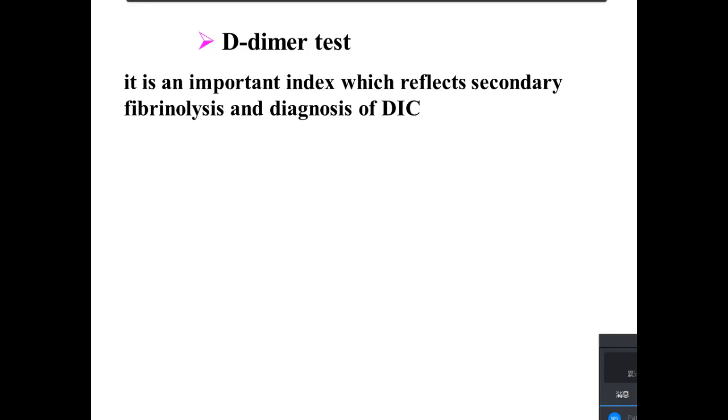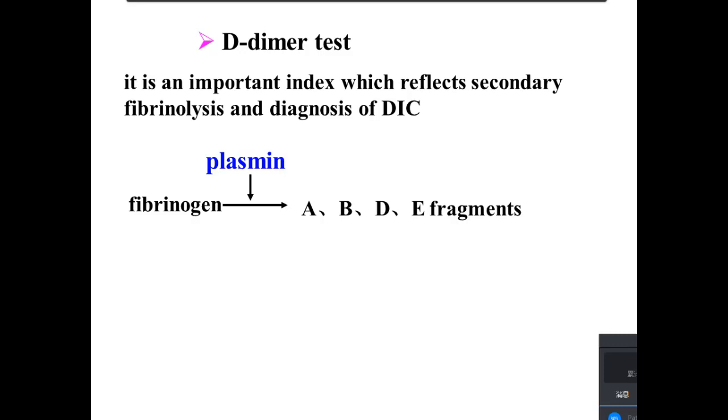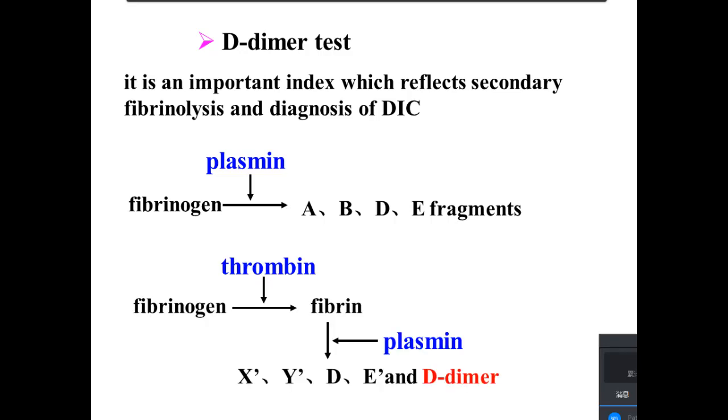Now the D-dimer test we have learned. It is an important index which reflects secondary fibrinolysis and aids diagnosis of DIC. Now, the first pathway produces FDP with no coagulation system activated, only the fibrinolytic system activated. In the second pathway, the coagulation system is activated first, and next the fibrinolytic system is activated.